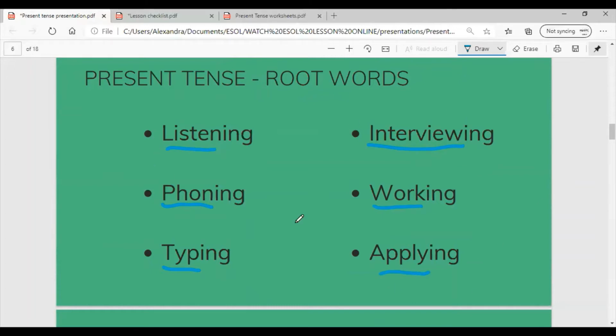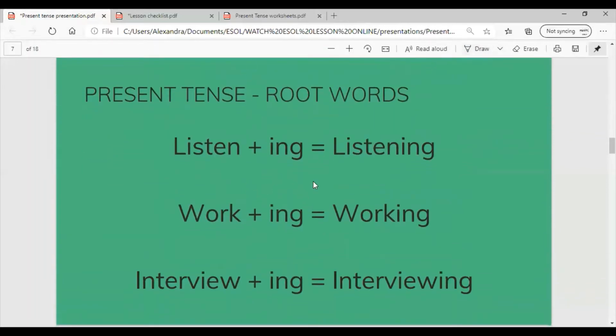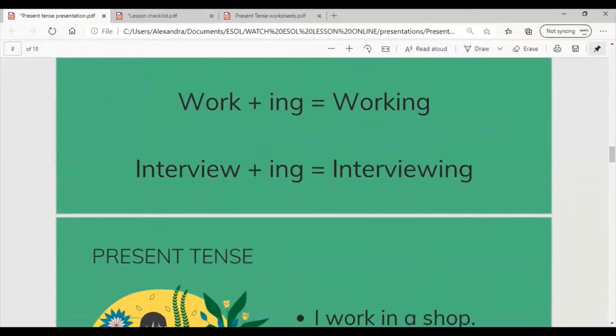So we've got our root words, and the ing is telling us that it is the present tense. Okay, and that's just a quick breakdown of how it's done. It's very similar to the past tense, you're just adding the ending on. So we've got listen, ing, and we get listening. So that's just the basic present tense and how to identify and write it.